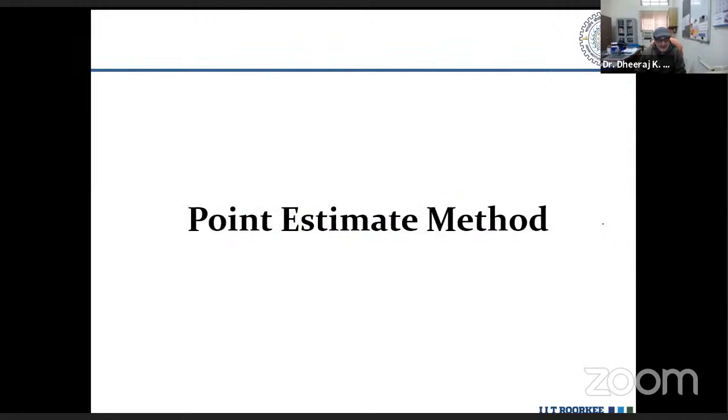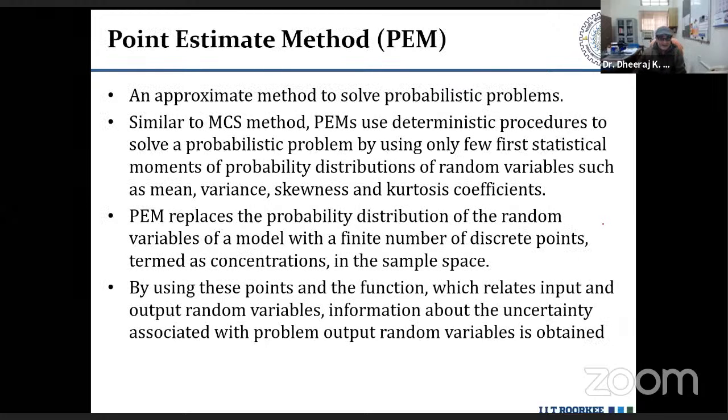Another method is the point estimate method. It is basically an approximate method to solve a probabilistic model. Like in Monte Carlo we sample values of different random numbers, here also we use a deterministic procedure to solve a probabilistic model by using only the first few statistical moments of the probability distribution of random variables, such as mean, that is the first moment, variance, the second moment, skewness and kurtosis.